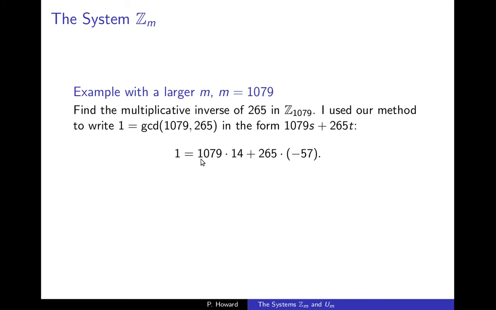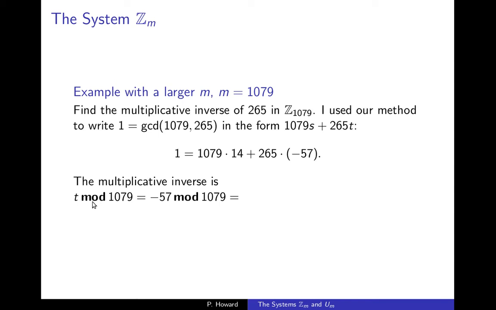Right, 1 is 1079 times 14 plus 265 times minus 57. The 14 we can ignore. It's the minus 57 that we use to find the multiplicative inverse of 265. Minus 57 is the t.